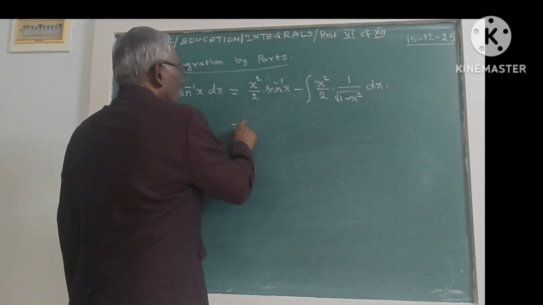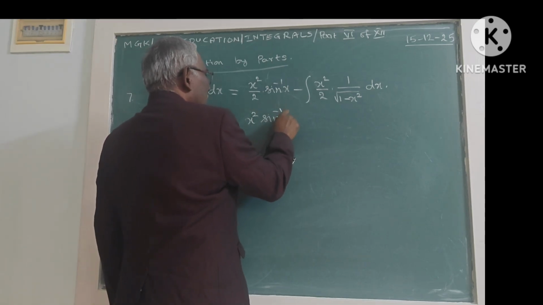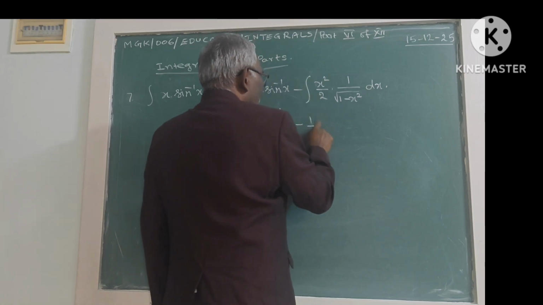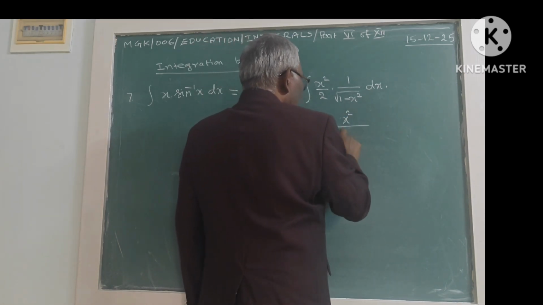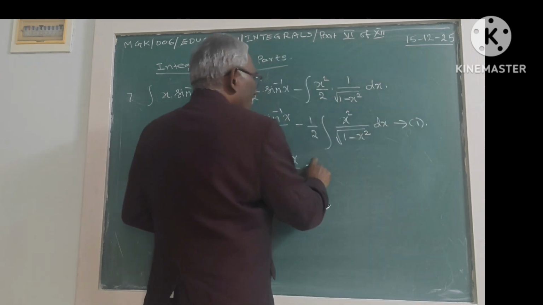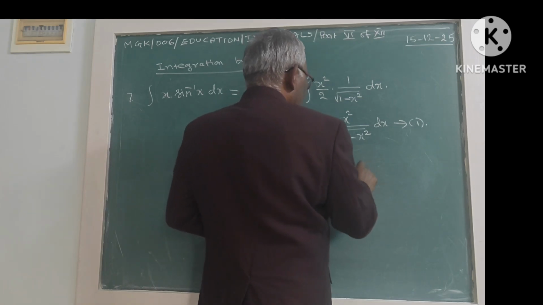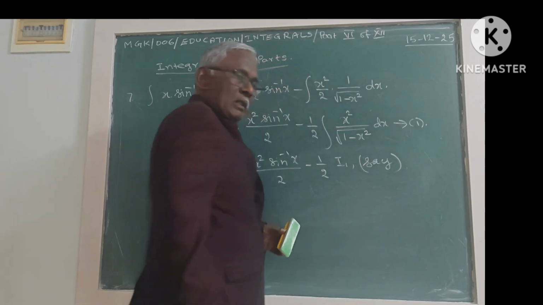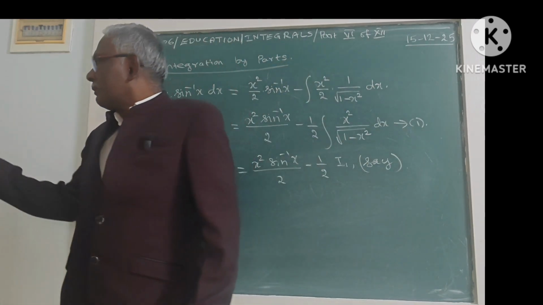So this is equal to x square sin inverse x by 2 minus 1 by 2 times the integral of x square by square root of 1 minus x square dx, that is, minus 1 by 2 times I suffix 1. So we have to find the value of this integral and then we can substitute here.